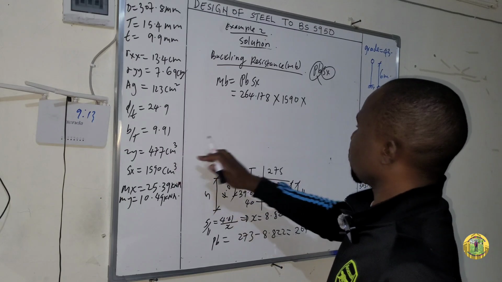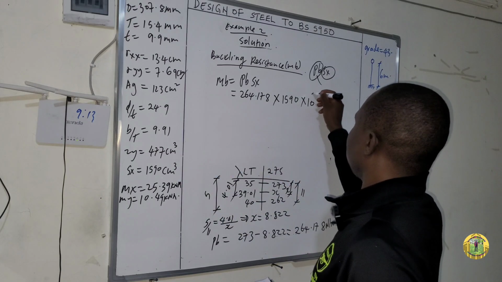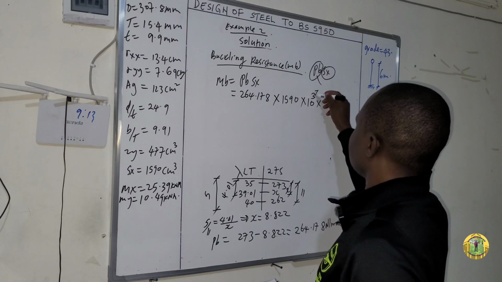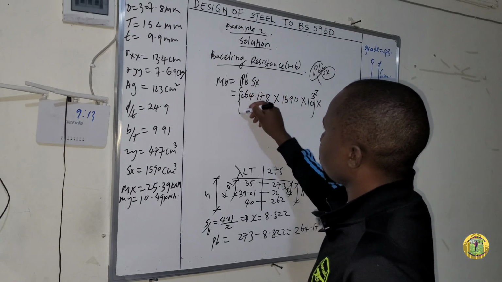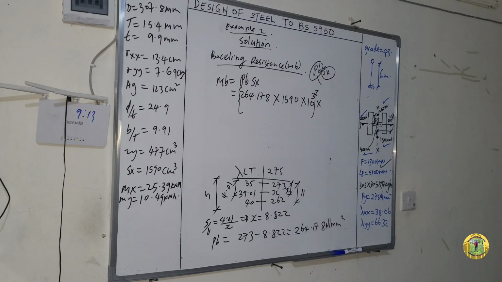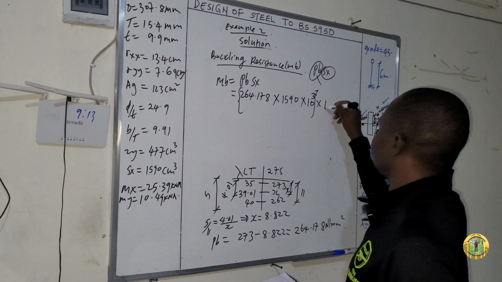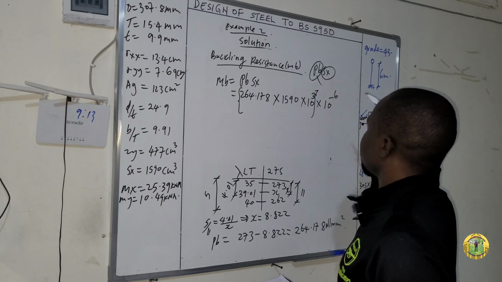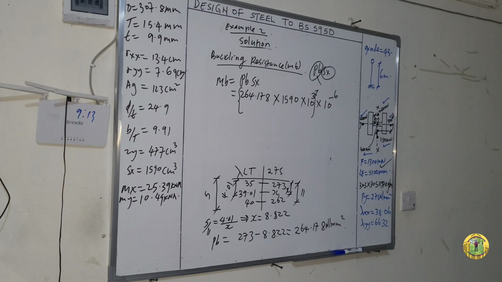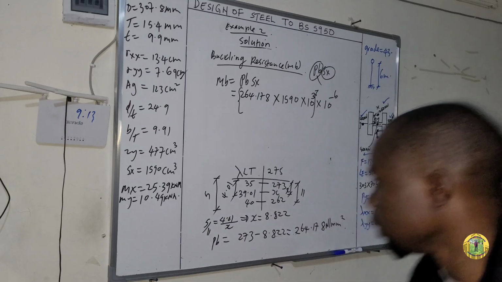So you will multiply by 10 to power of 3, then times, because our answer will be in Newton millimeter, and we want our answer in kilonewton meter, you will multiply by 10 to power of -6, so that you can get your answer in kilonewton meters.